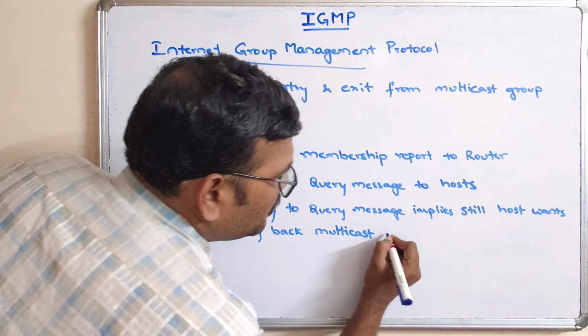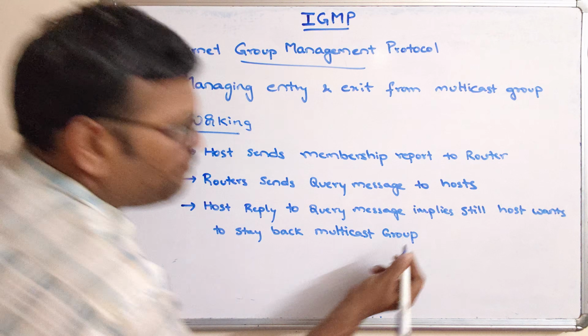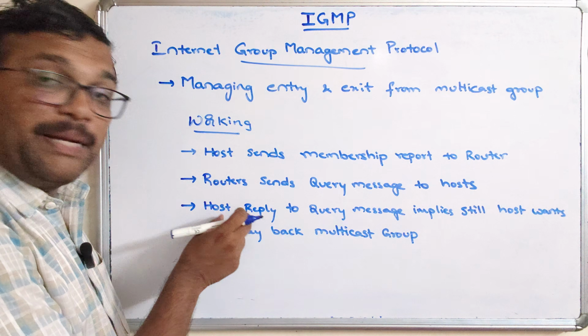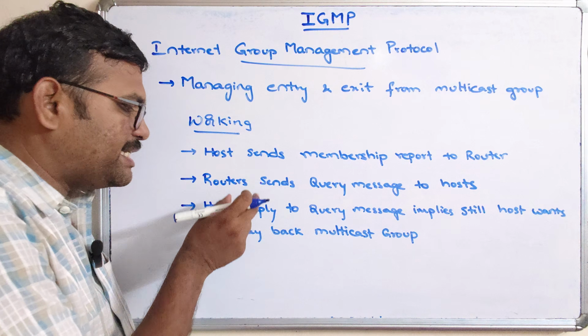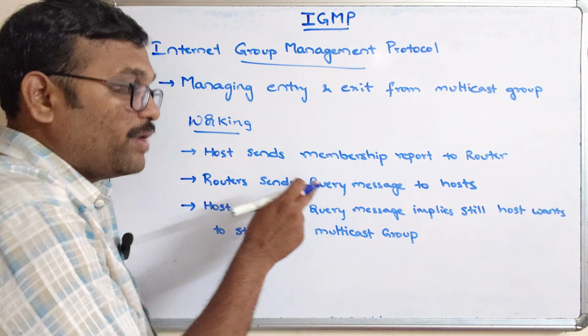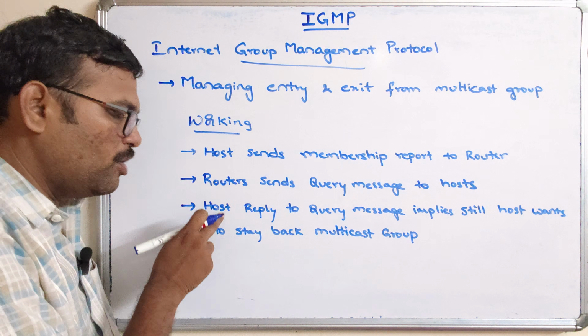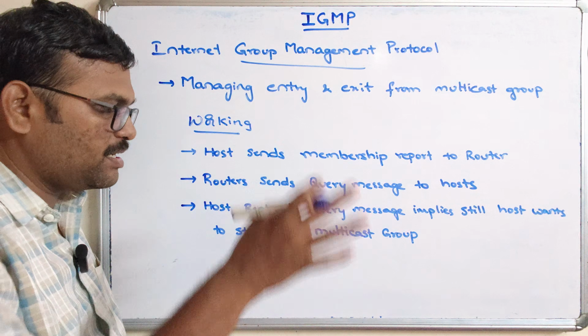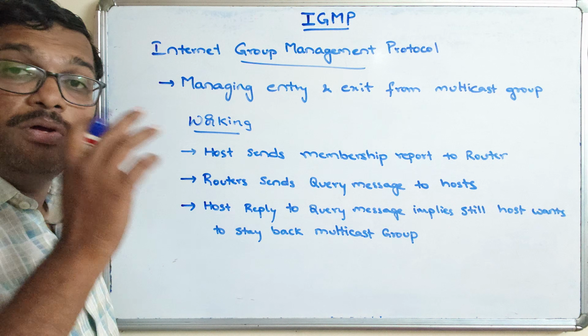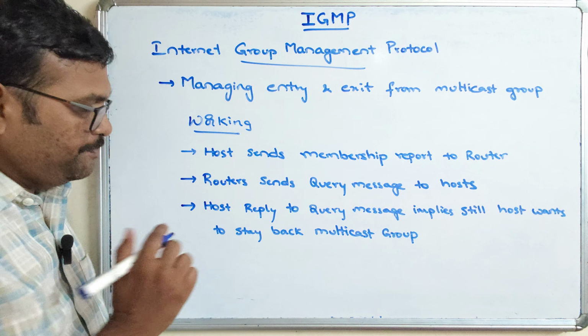So the router waits for the host reply. If the router gets the reply from the host for this query message, that implies the host still wants to remain in the multicast group and wants to receive the data.